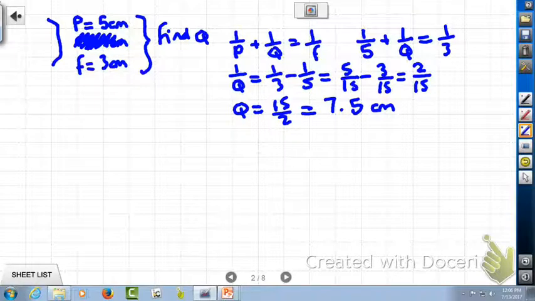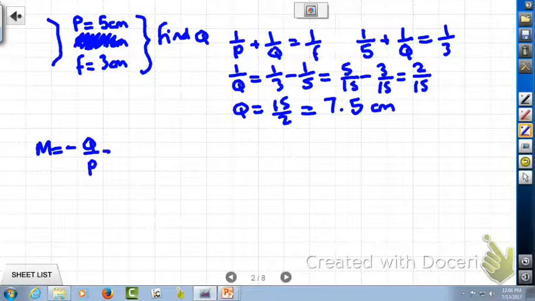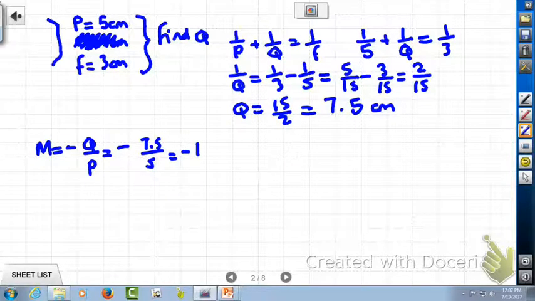And then the next thing I want to do is work out my magnification. My magnification is equal to minus Q over P, which equals minus 7.5 over P is 5, which equals minus 1.5.